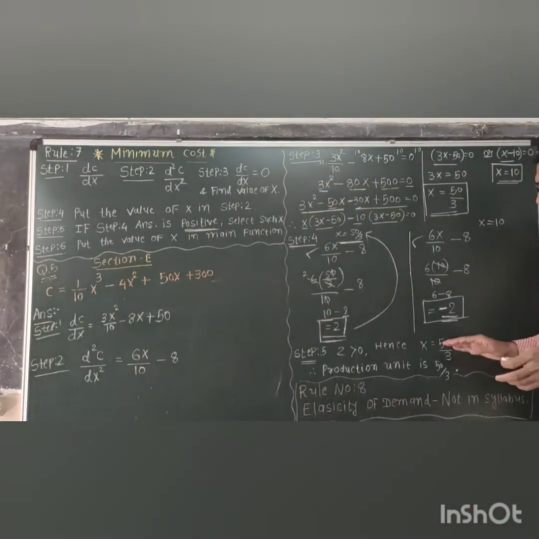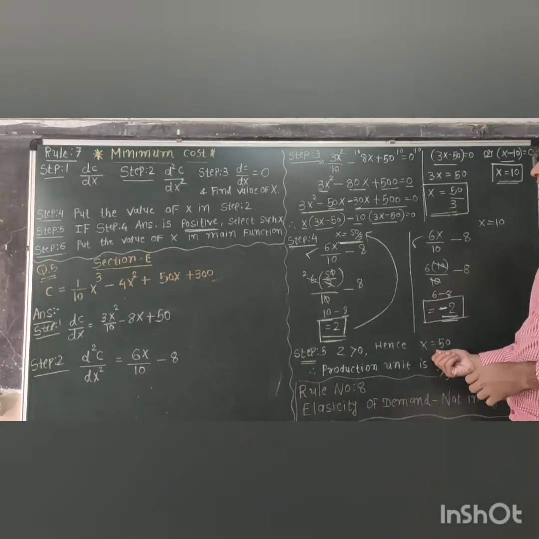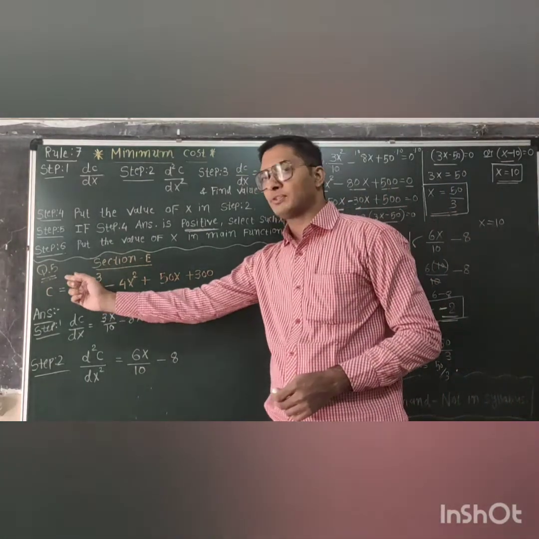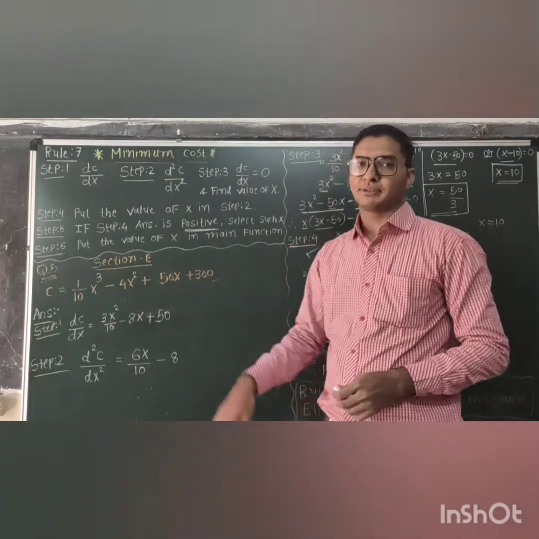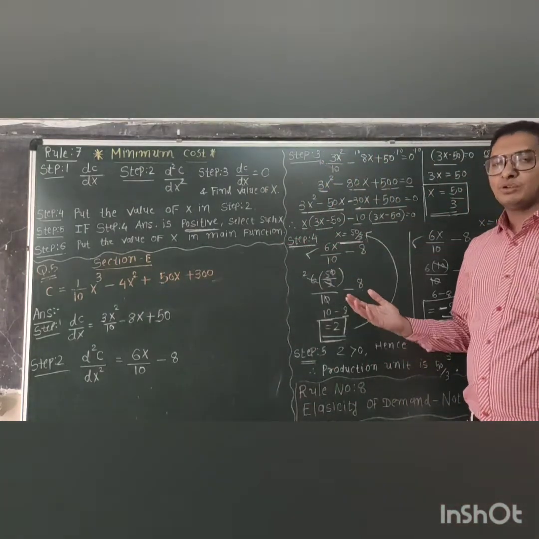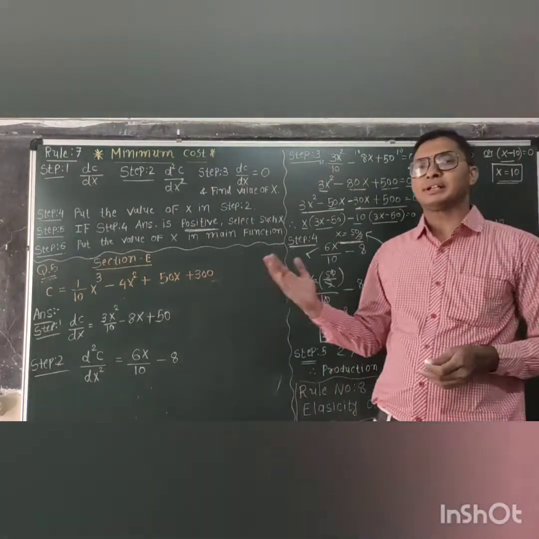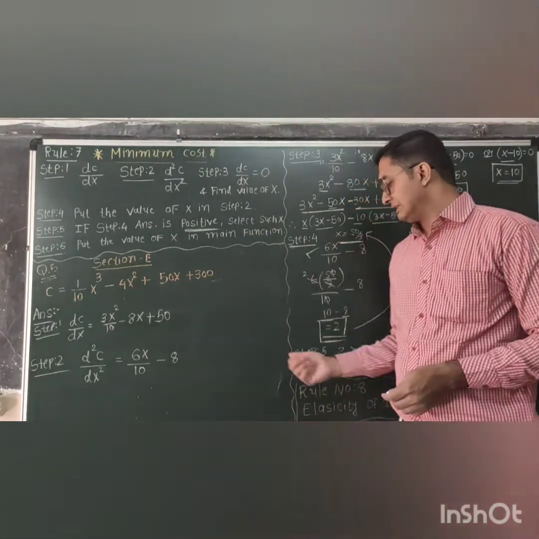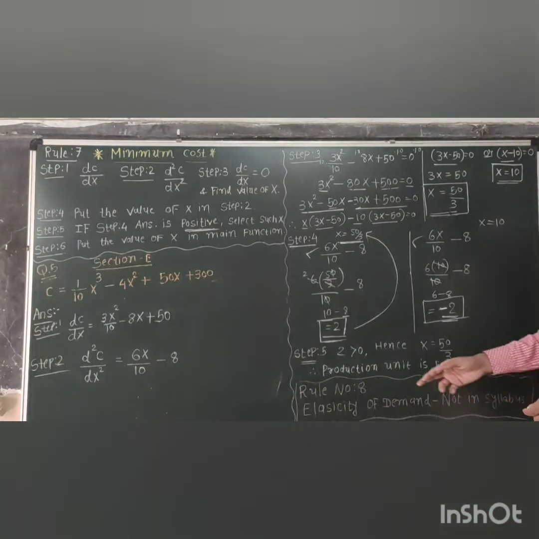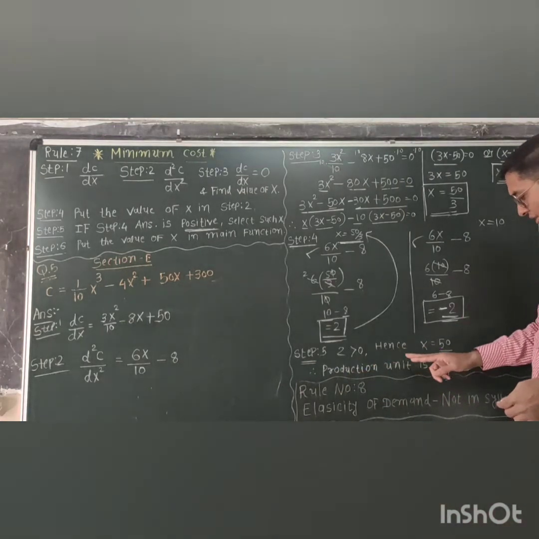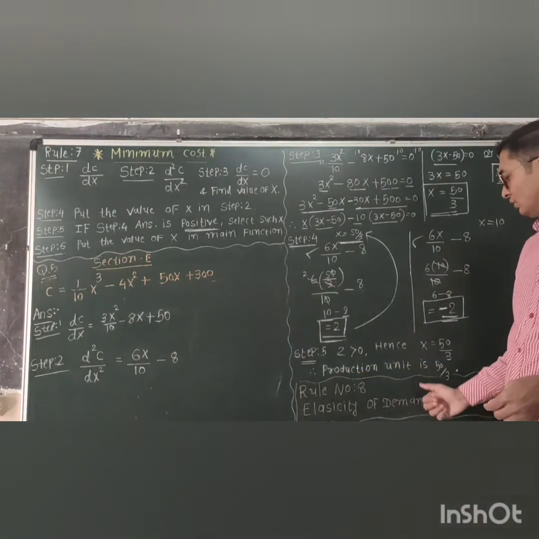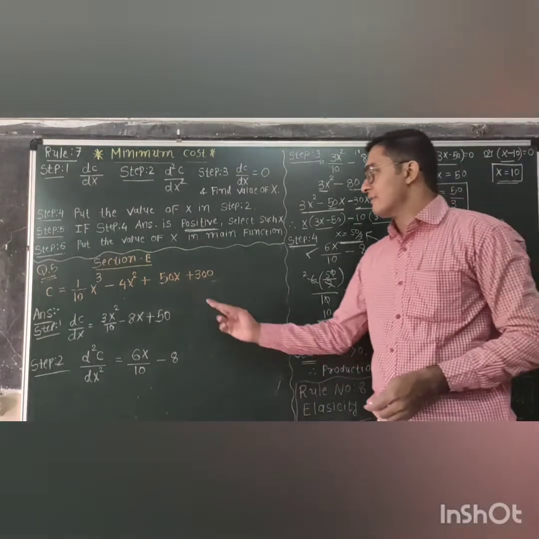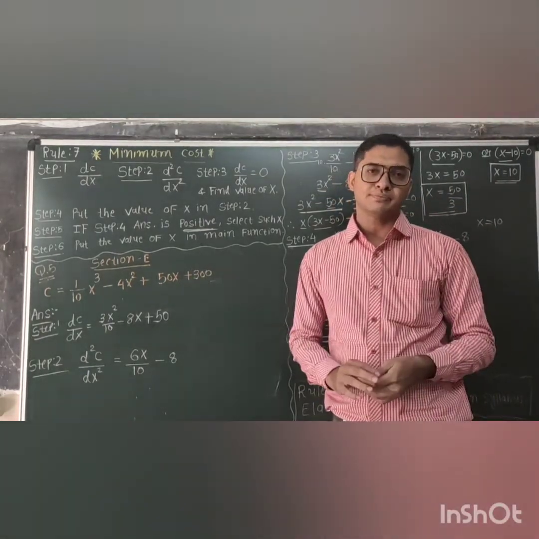It means the units is 50 by 3 where this cost is minimum. Now they have not asked about the total minimum cost in the question and that's why this is the end of this sum. So we can say that the production unit is 50 by 3. So at 50 by 3 our cost will be minimum.